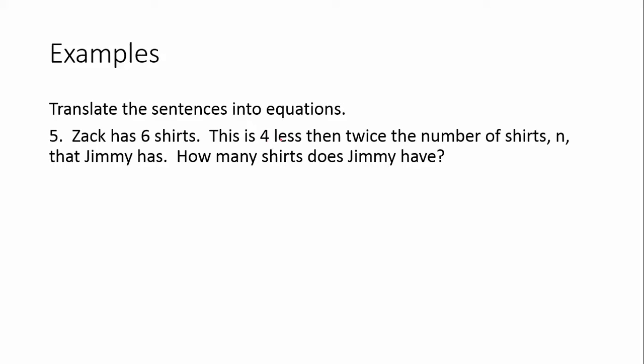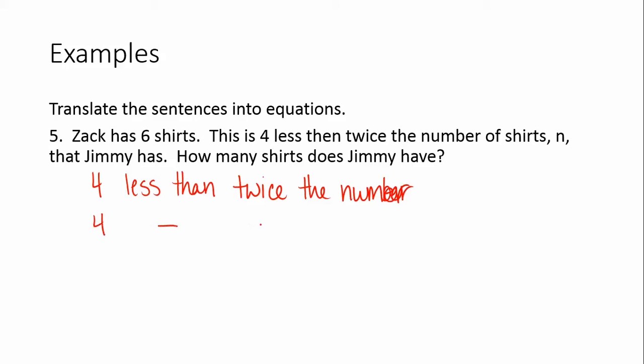He has 4 less than twice the number. So when you write the words 4 less than twice the number, that would be 4 minus 2 times a number x.